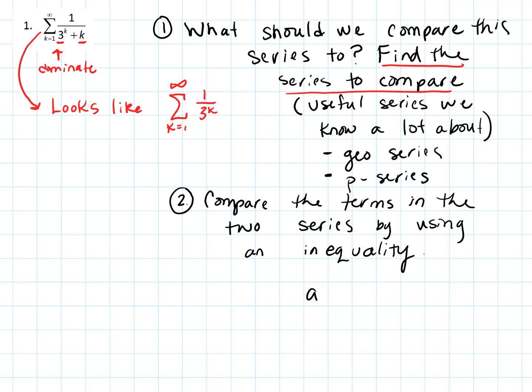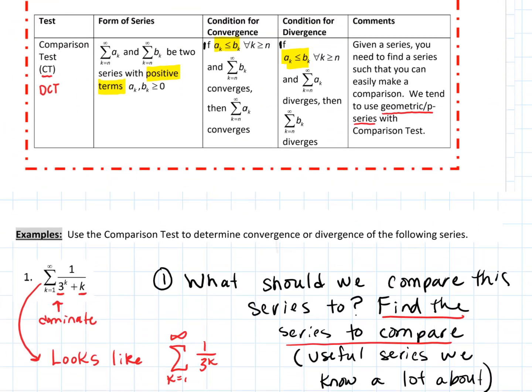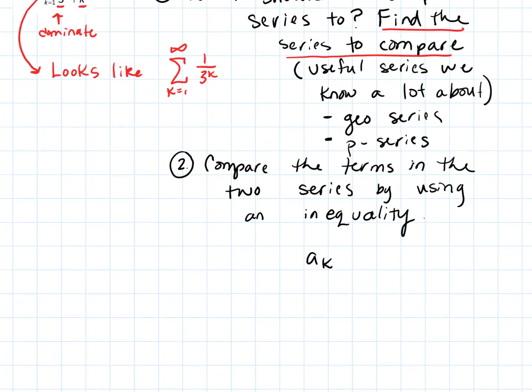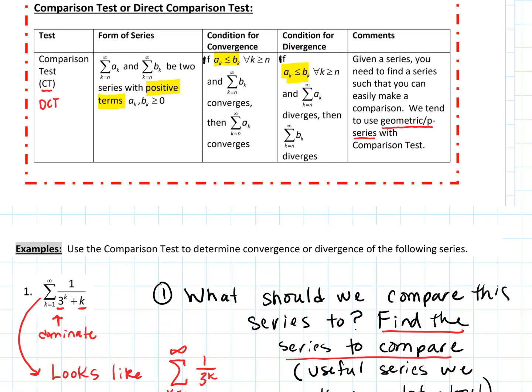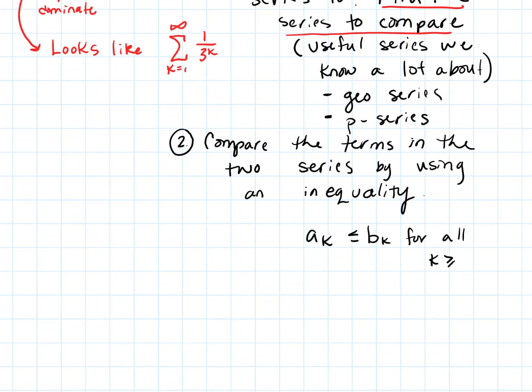Okay, so we have to set up our inequality, a sub k. Remember, we have to show that one of the series is less than or equal to b sub k for all k greater than or equal to, I can't remember if I used a capital N or a little n, so greater than or equal to some value n.